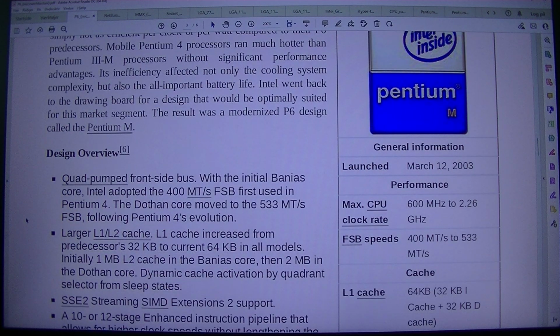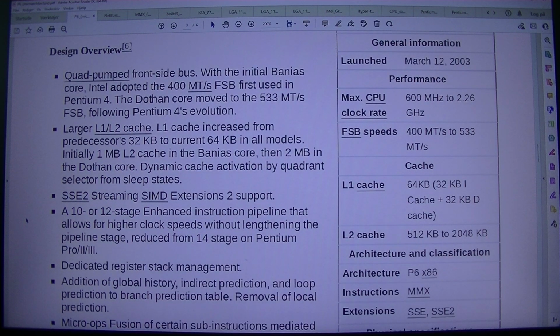Design overview. Quad-pumped front-side bus. With the initial Banias core, Intel adopted the 400 MT/s FSB first used in Pentium 4. The Dothan core moved to the 533 MT/s FSB, following Pentium 4's evolution. Larger L1 and L2 cache.